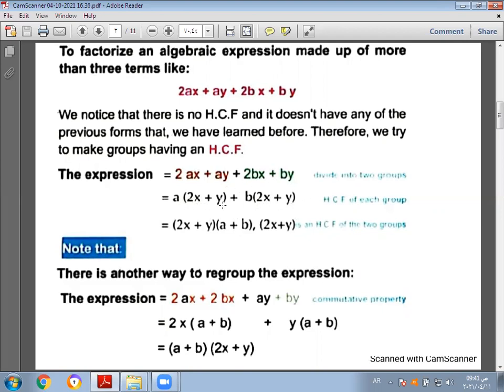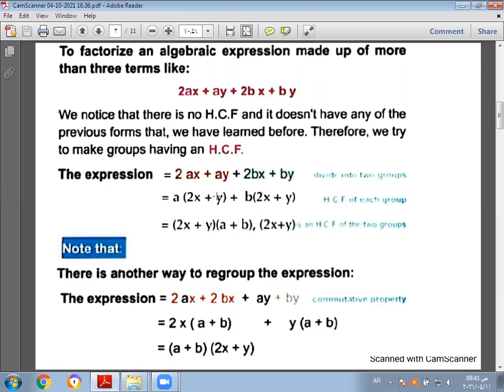Okay, after we take the HCF from the first bracket and second bracket, we find the remainder 2x plus y is common with 2x plus y. Then we take another HCF, the whole bracket, 2x plus y is HCF, okay? And we take the remainder.